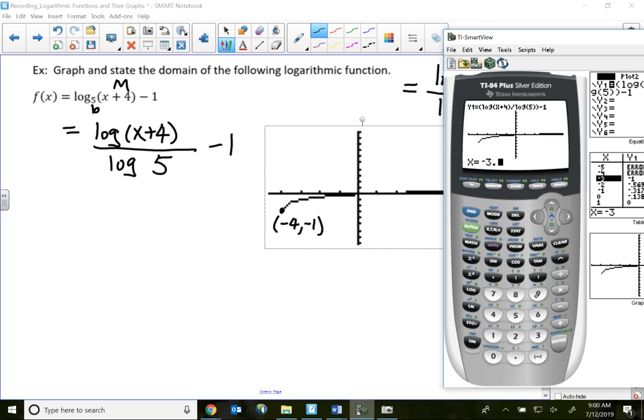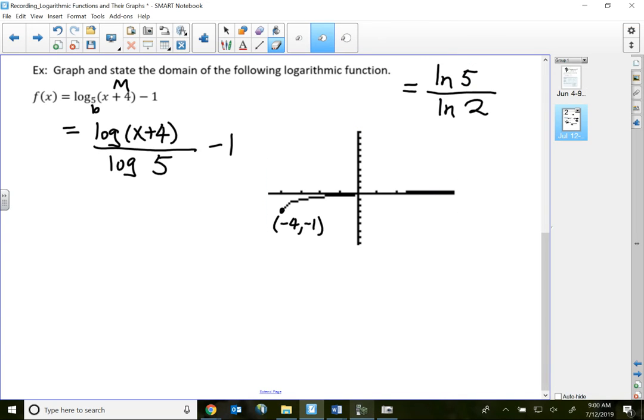Negative 3.9, almost negative 4, I still get a value, negative 2.4 something. So this starting point, I know that point is negative 4, but that point is actually not defined over there, so I cannot have that point.